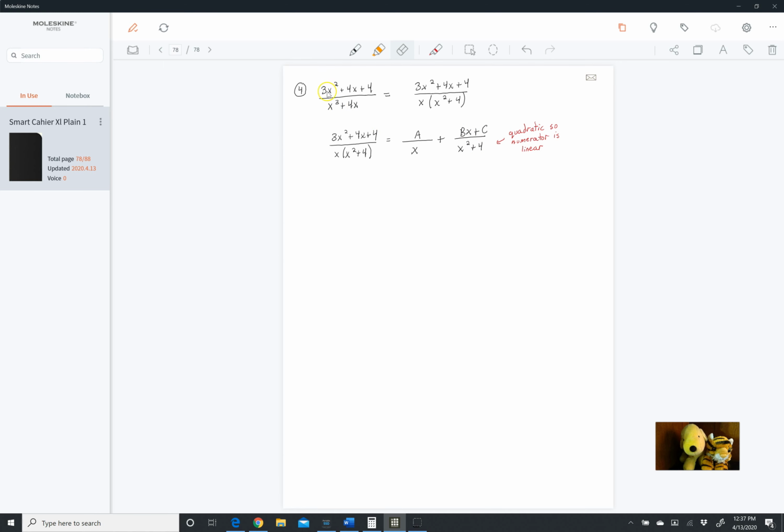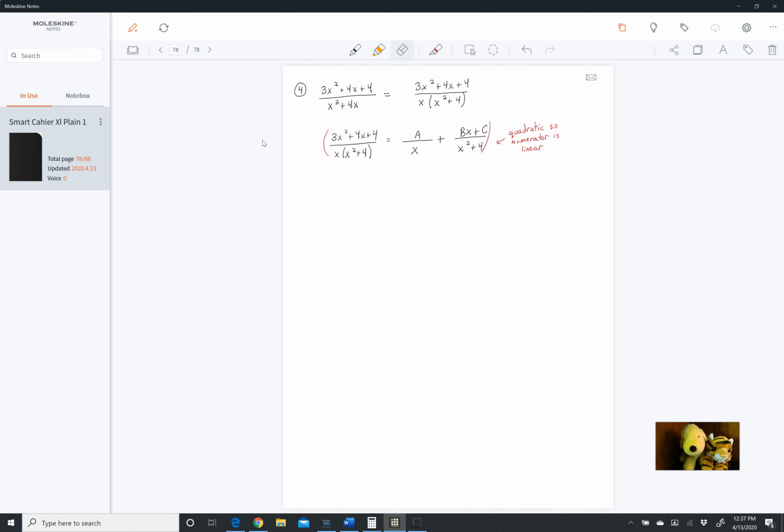So the degree has to be 1 less than the degree here. Right? So the only way that's going to happen is if we have an x here. Okay, if this were linear, there would be no way for us to wind up with an x squared up here.